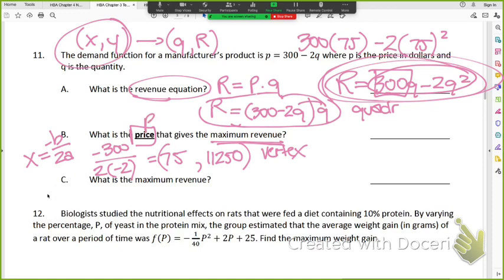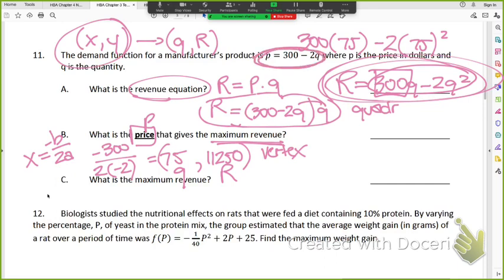Wait, no. I don't have a value for that. I have Q is 75 and I have R is my maximum revenue. How do I find P? Oh, you do have it. You just plug in 75 to Q, and then it's 300 minus 2 times 75. This is my equation for P right here.